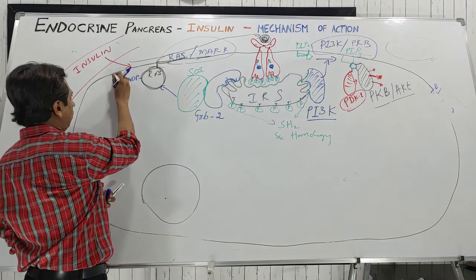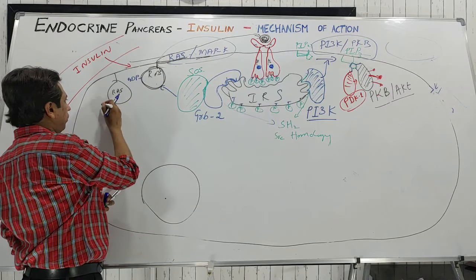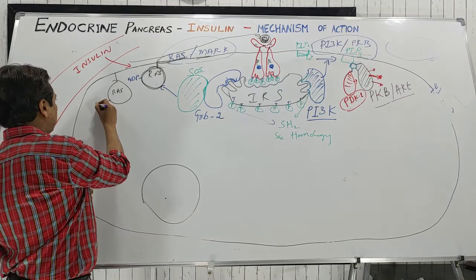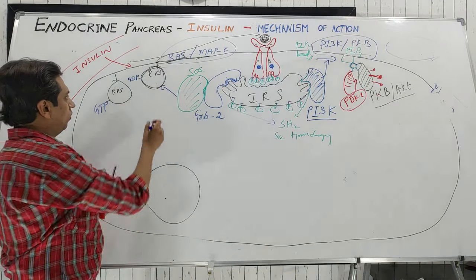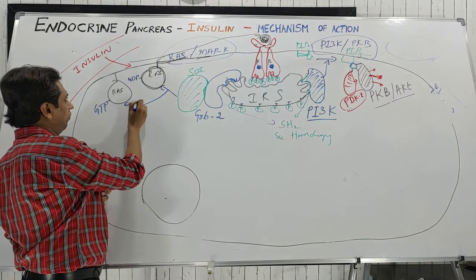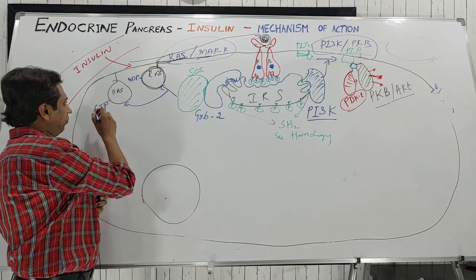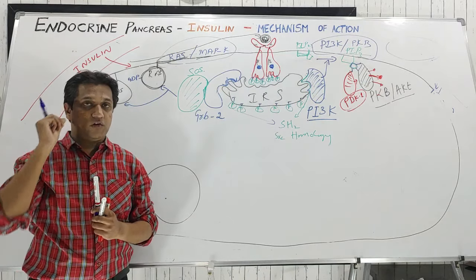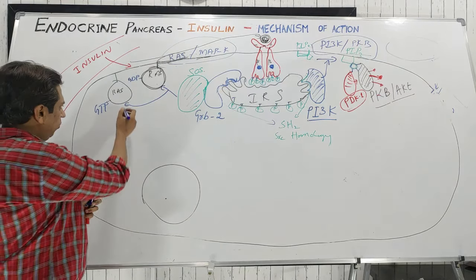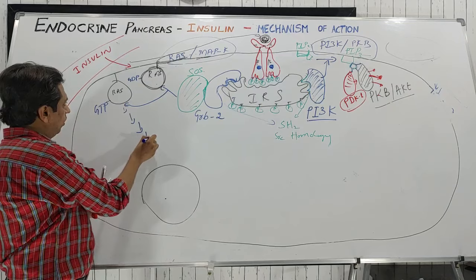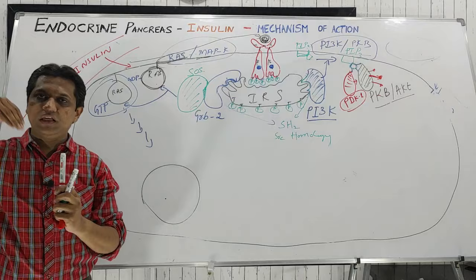Instead of GDP, the activated molecule will have guanosine triphosphate, GTP. Now this activated RAS molecule, which contains GTP, will lead to some series of reactions.